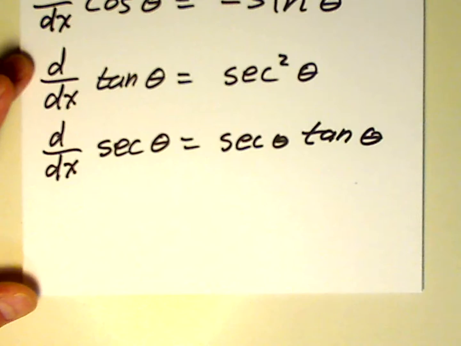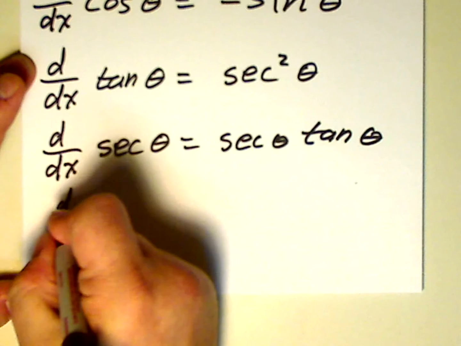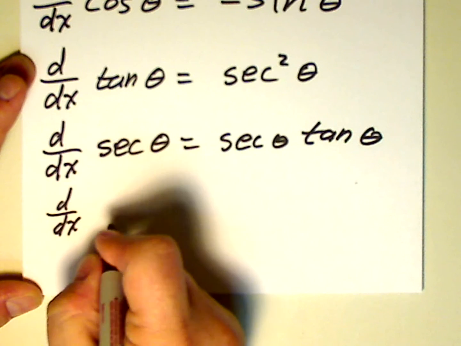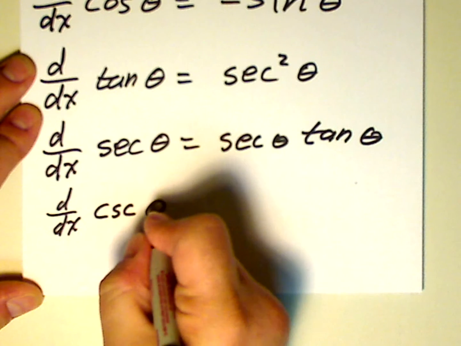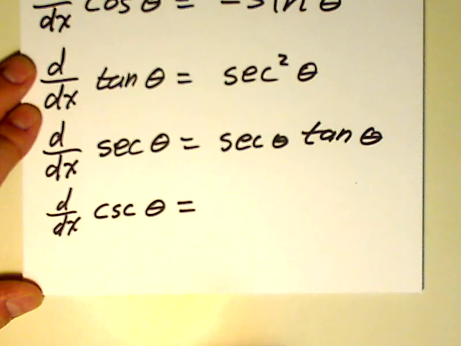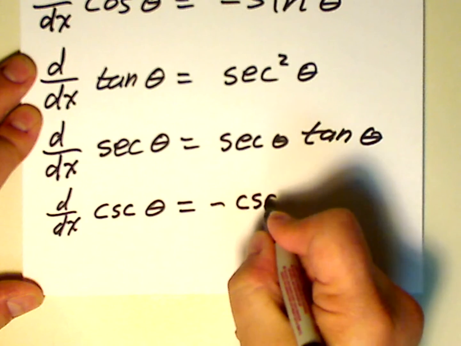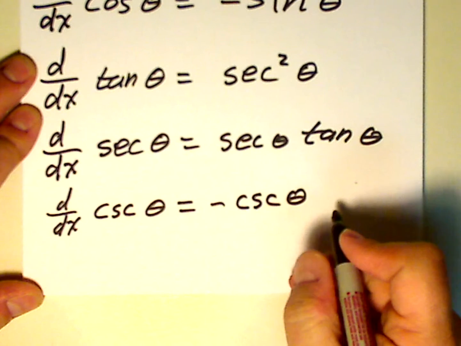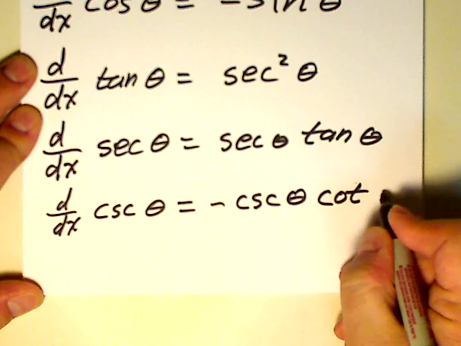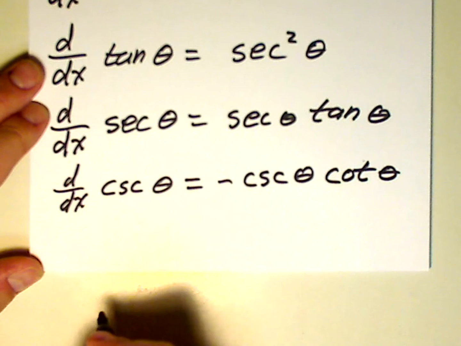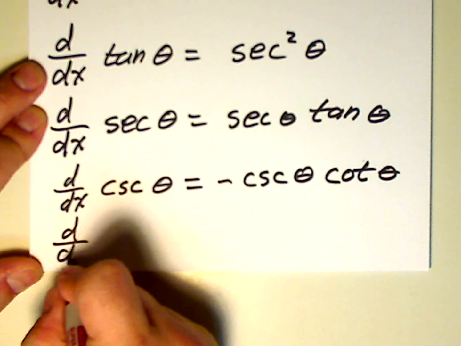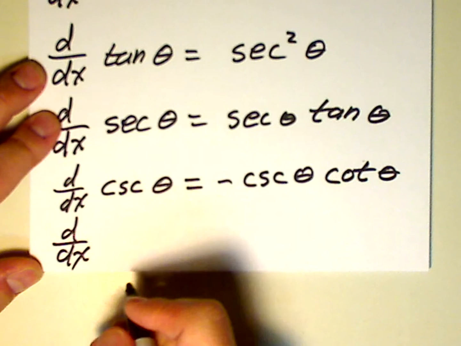Am I going to get the last two in here? And the derivative of cosecant theta is negative cosecant theta times cotangent theta. And it looks like I will. But I need every bit of this paper.